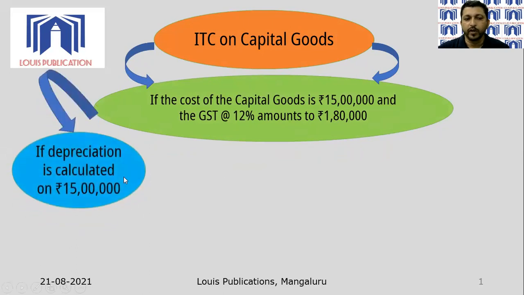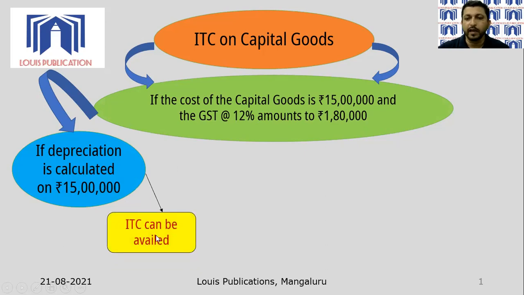Now, very important point. If depreciation is calculated only on the cost of the goods, excluding this GST amount, then very, very important, input tax credit can be availed. So the supplier can claim input tax credit. I mean to say the SSE can claim input tax credit.